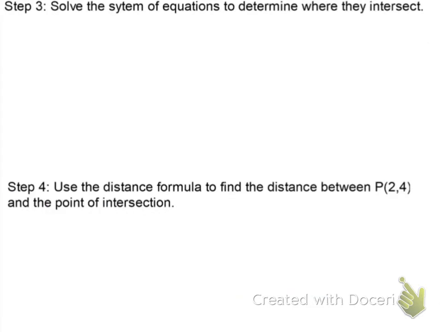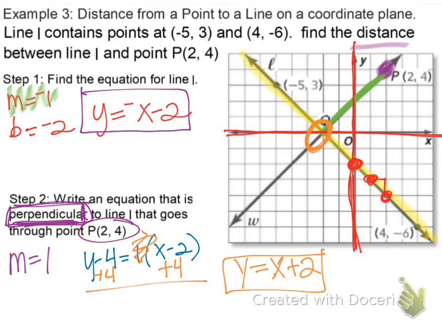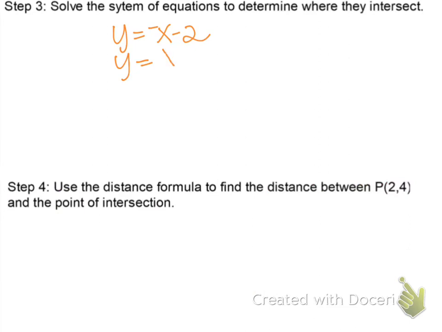And so I am going to just review how to solve a system. Our 2 equations that we had were y equals -x minus 2, and the other equation was y equals x plus 2. Okay, so here's your little systems review. The easiest way to solve a system is by elimination.